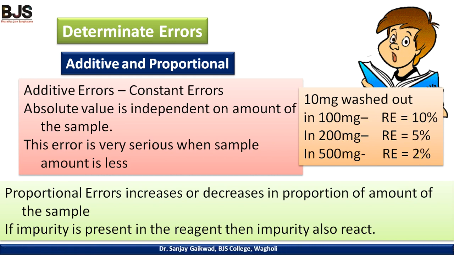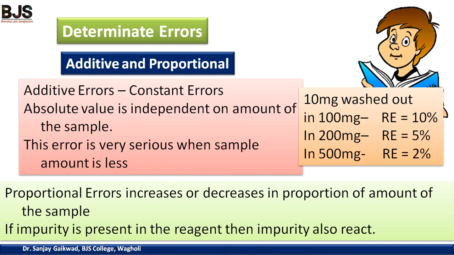Now proportional error increases or decreases in proportion to the amount of the sample. If impurity is present in the reagent, then the impurity also reacts. In this way the proportional error multiplies or divides, and therefore it has a large effect on the final weight of the sample.